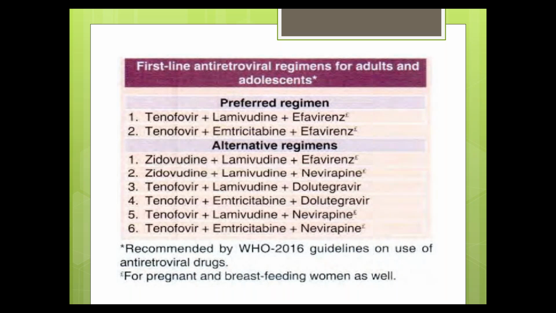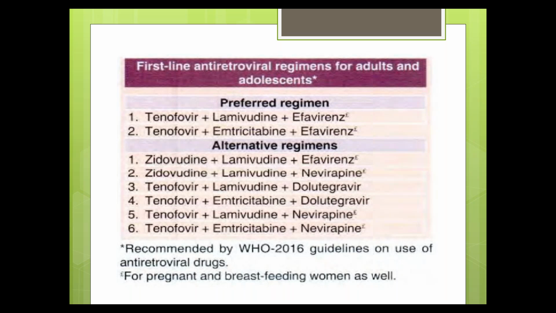Alternative regimens are zidovudine, lamivudine, efavirenz, or zidovudine, lamivudine, nevirapine. These can also be given in pregnancy and breastfeeding women. The first two in both the columns you can give. Otherwise, you can see here either lamivudine or emtricitabine is there. In the NRTIs, zidovudine or tenofovir is included, and there are combinations where you have preferred dolutegravir or nevirapine.